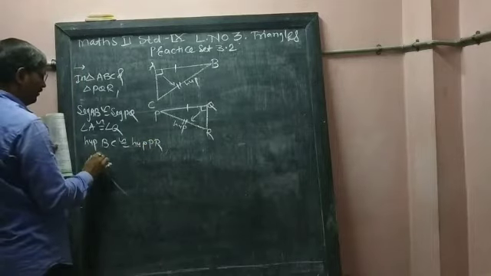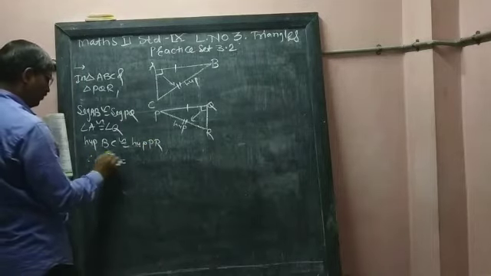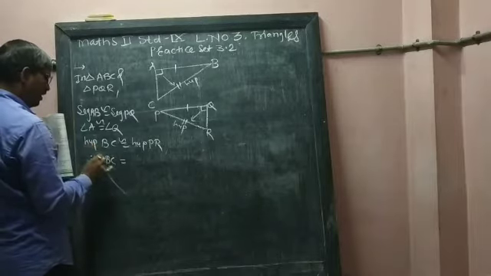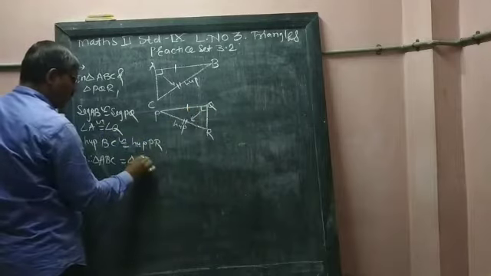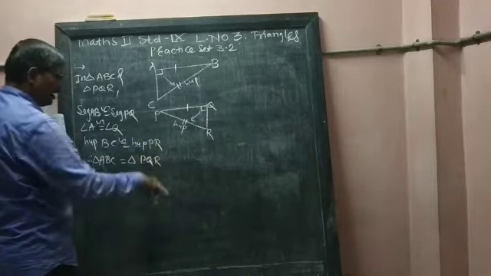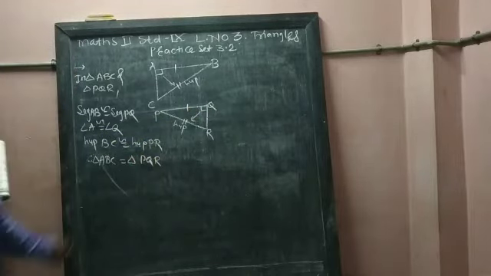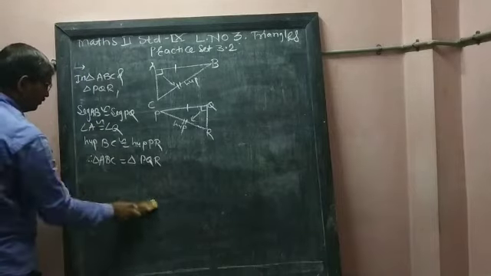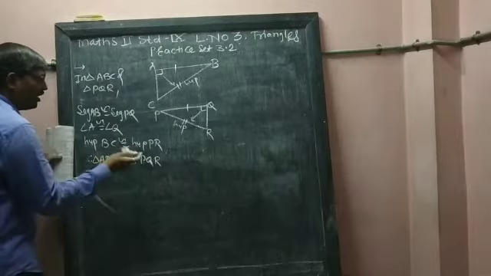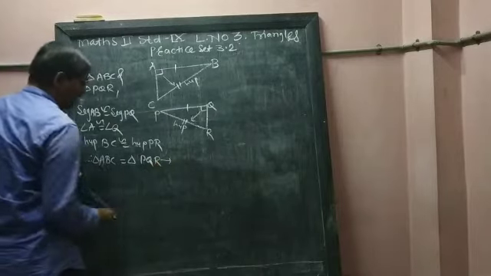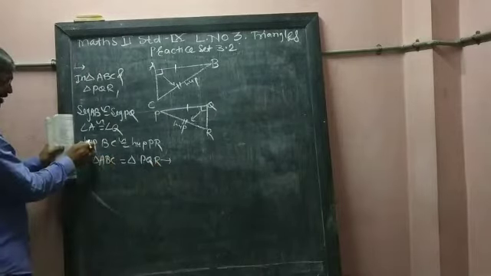Therefore triangle ABC is congruent to triangle PQR. Then we should write by which test these two triangles are congruent.